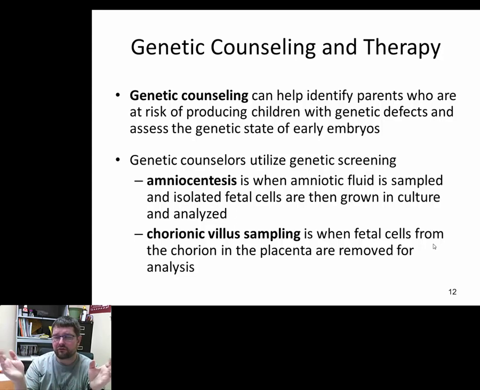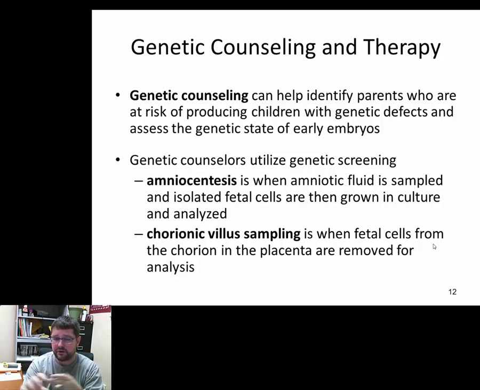There's other genetic screening. You can just screen the mother for different disorders. A lot of times the mother will have a little bit of blood drawn, and they'll do a screen to find out if the mother is a carrier of cystic fibrosis or sickle cell anemia. If she's a carrier, then sometimes they want to know, hey, is the father around?